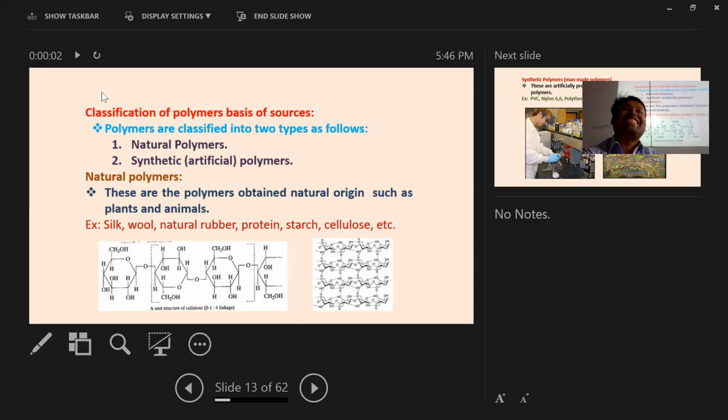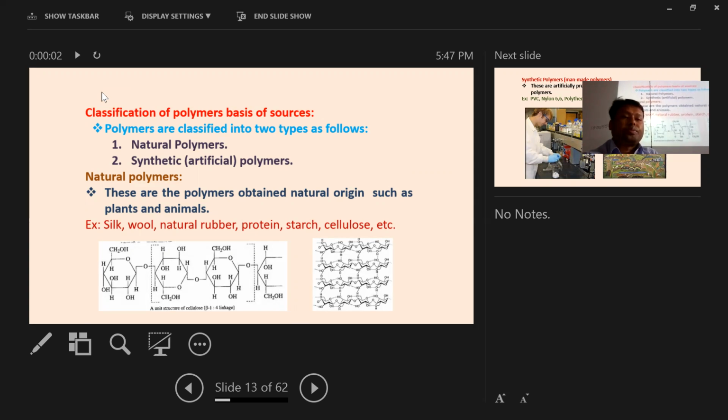Rubber tree is a natural polymer. The polymer we get naturally is called a natural polymer. The example you mentioned is the rubber we get from the rubber tree. And the synthetic polymer: if you can synthesize the polymer in your laboratory or in any industry artificially, then we call it a synthetic polymer.